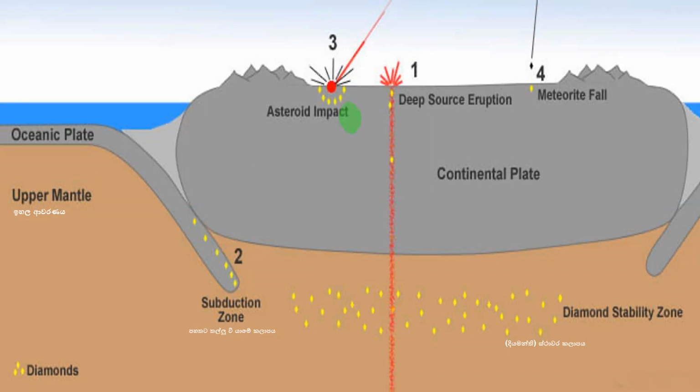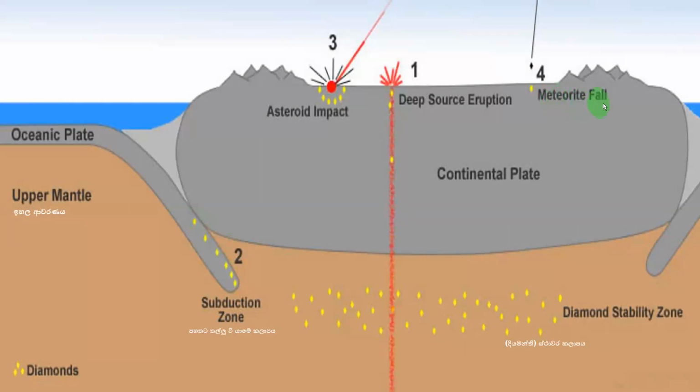Out of the earth, moving asteroids are there. Sometimes they come to the continental plate and an eruption happens here. Then it creates diamonds here. It is number 3. Number 4, meteorite fall.